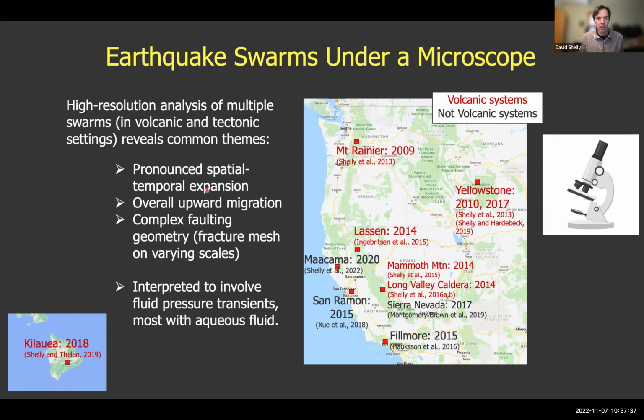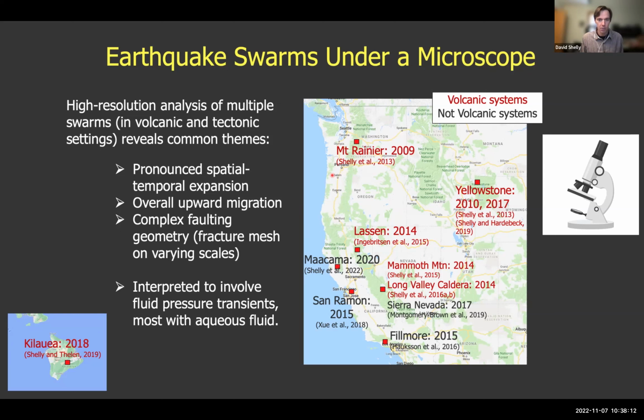We tend to see pronounced spatial temporal expansion. More often than not, we see overall upward migration of seismicity over the course of the swarm. And in many cases, we see evidence for complex faulting geometry, that is fracture mesh type faulting geometry on a variety of scales. So many of these swarms we've interpreted to involve fluid pressure transients, mostly with an aqueous fluid.